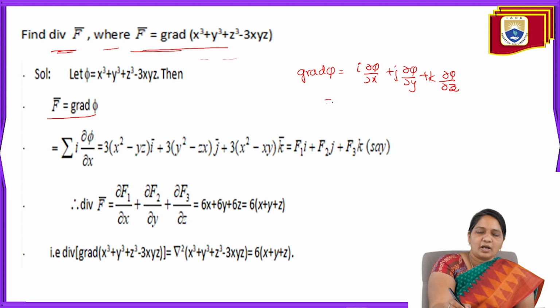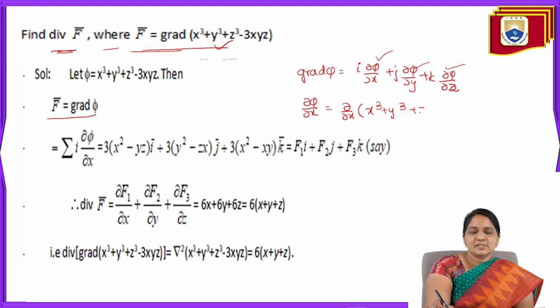Here I need the values of dou phi by dou x, dou phi by dou y and dou phi by dou z. So first I am going to calculate those values. So dou phi by dou x: dou by dou x of, what is the phi here I am taking? x cube plus y cube plus z cube minus 3xyz. So I am doing first with respect to x.